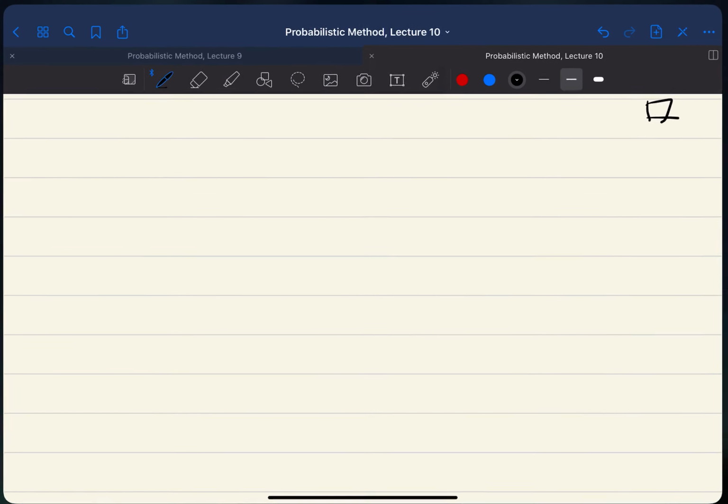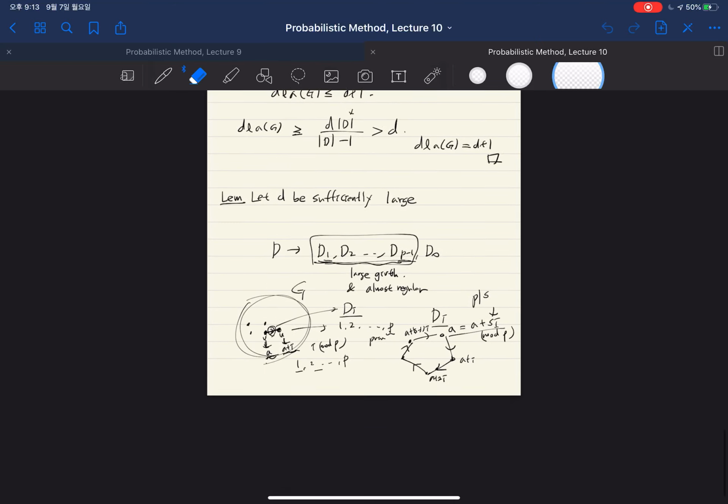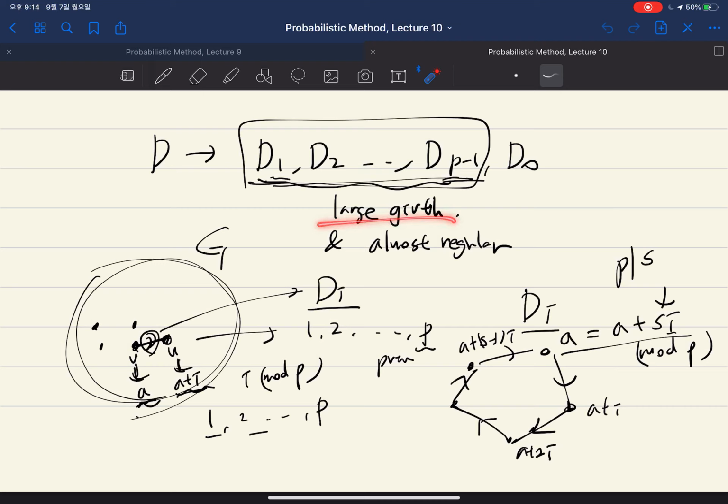But that can ensure large girth, but we also want to make sure that it is almost regular.